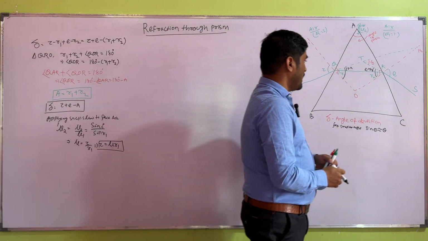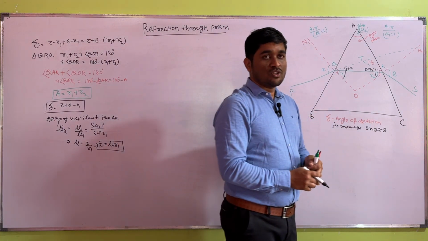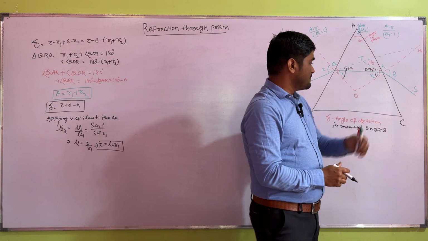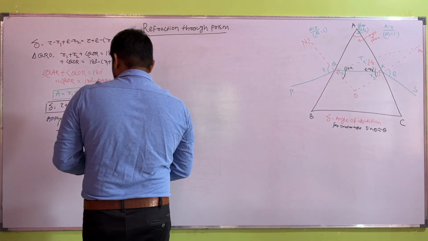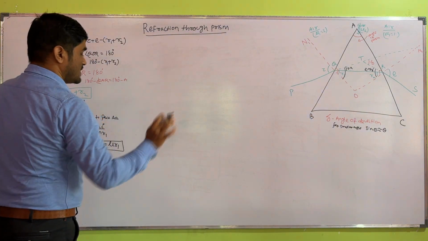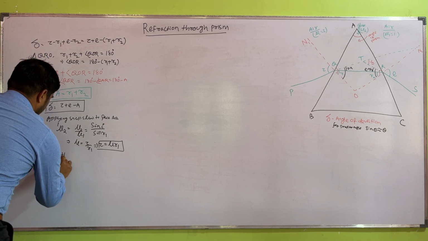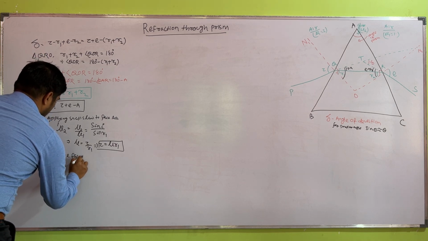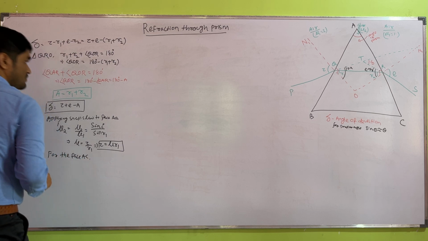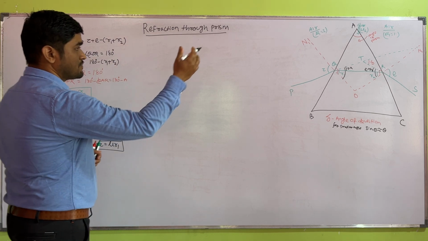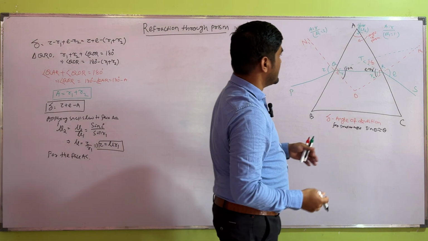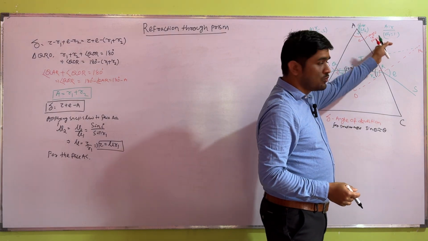Similarly, if you apply Snell's law to the second face AC, what will be Snell's law for the second face AC? For the face AC, the ray of light travels from mu2 to mu1.